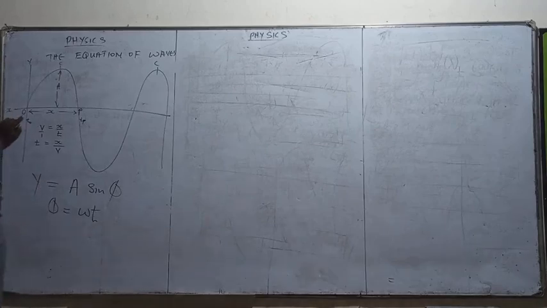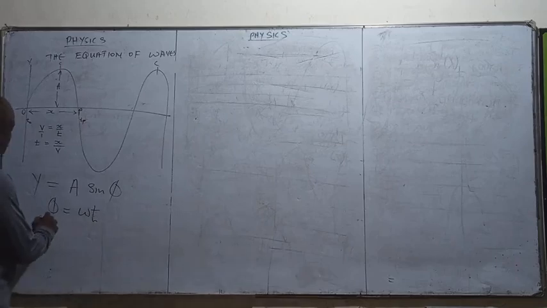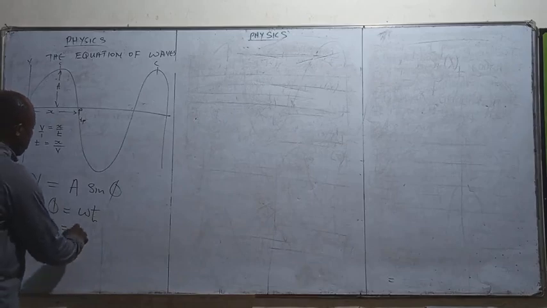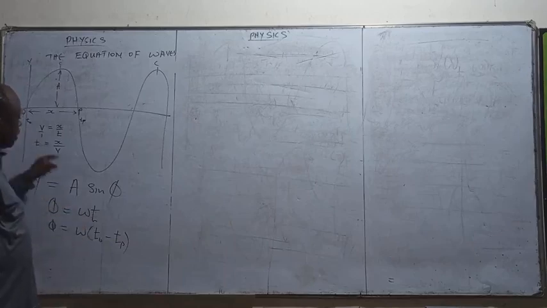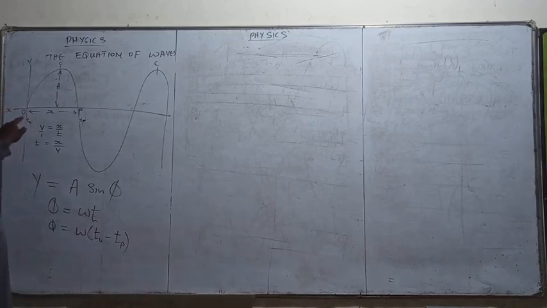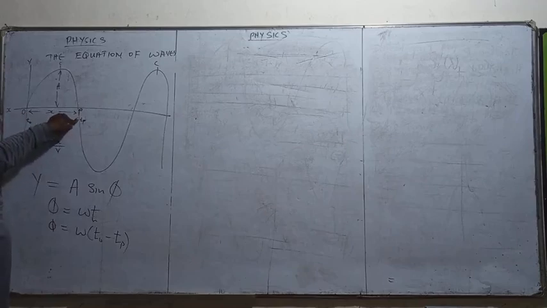However, you see here that between 0 and P, there is a gain. We can have here that psi is equal to omega bracket t0 minus tP. That's time at 0, time at P. Of course, we understand that at 0, time is not gained, but at P, time has elapsed.